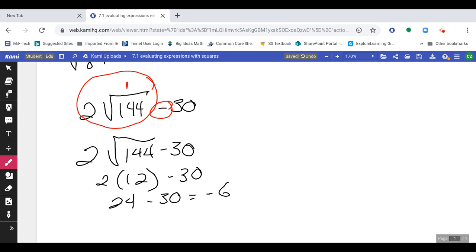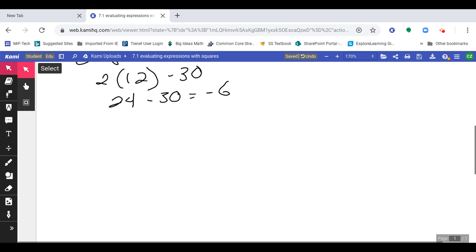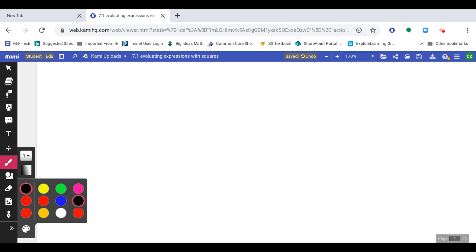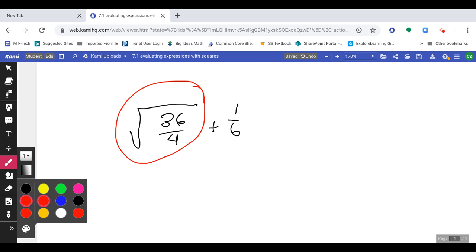I'll give you a little bit more difficult one. All right, let's move this up. Another example is we have the radical sign, 36 over 4, plus 1/6. Okay, again, my first step is to get the square root. Okay, after that, I'm going to be utilizing addition.